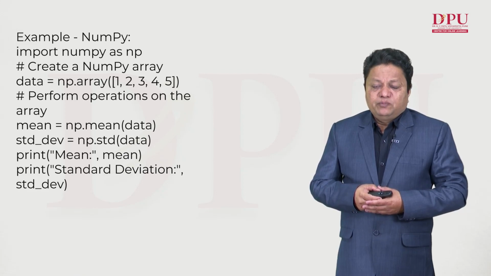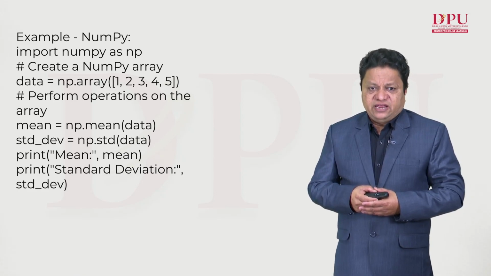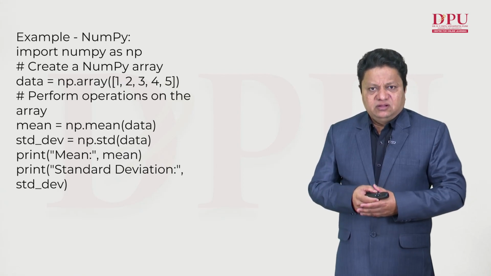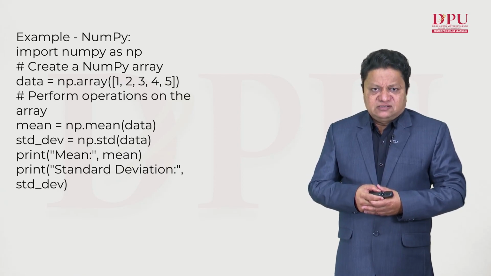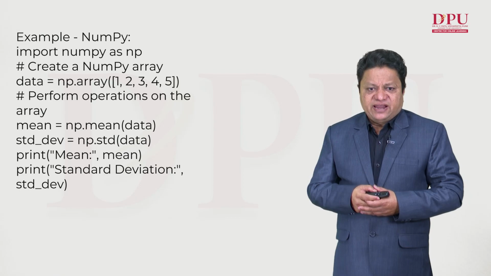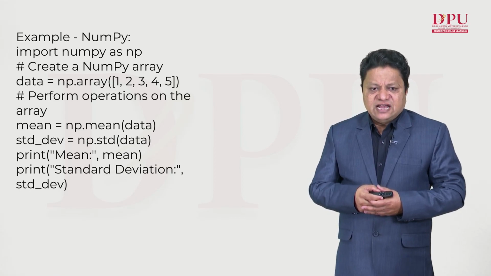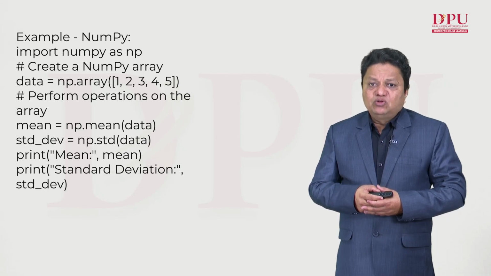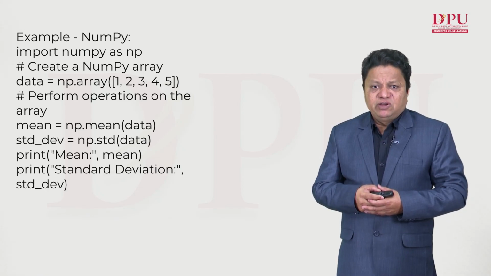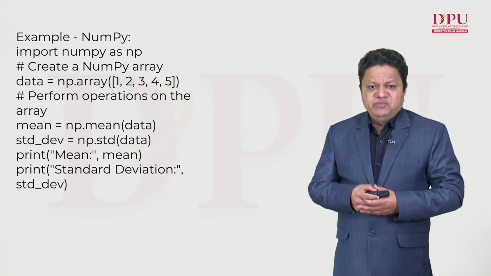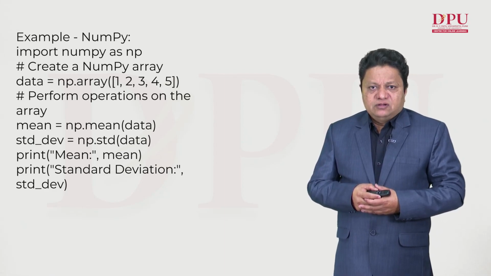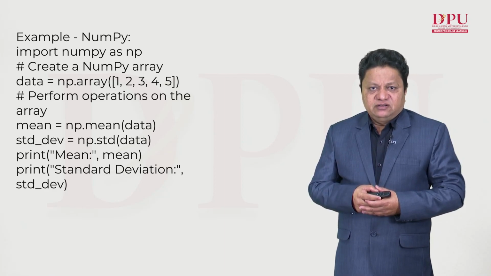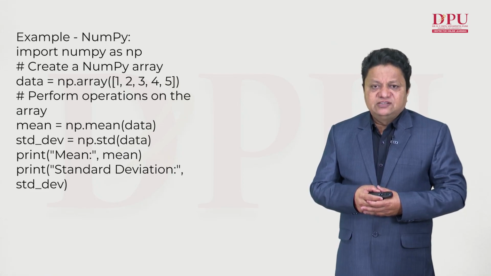Now, to perform operations on the array, I can call many functions which are present in NumPy, such as mean, such as standard deviation. So, how to call that? For example, if I have to calculate the mean of the data which I created in the previous step, that is on the data array.